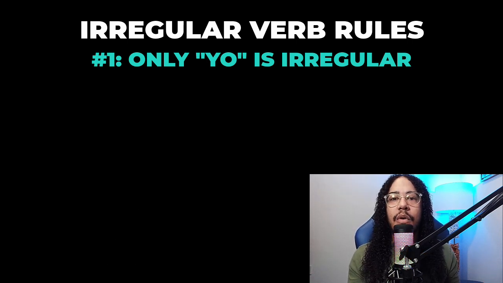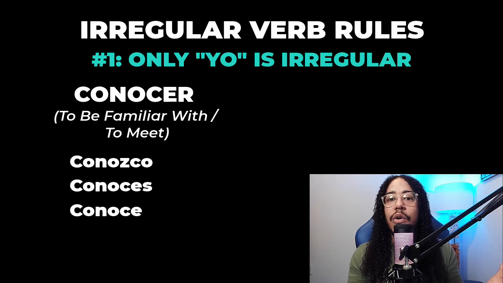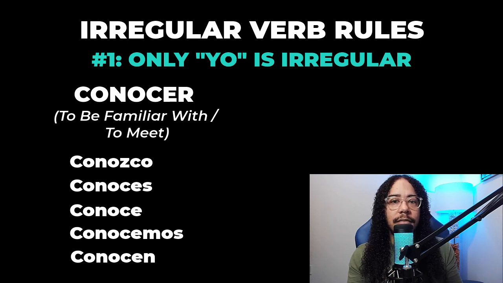Let's look at one more example for this rule by looking at the verb conocer, which means to be familiar with or to meet. The conjugations for conocer are conozco, conoces, conoce, conocemos, and conocen.